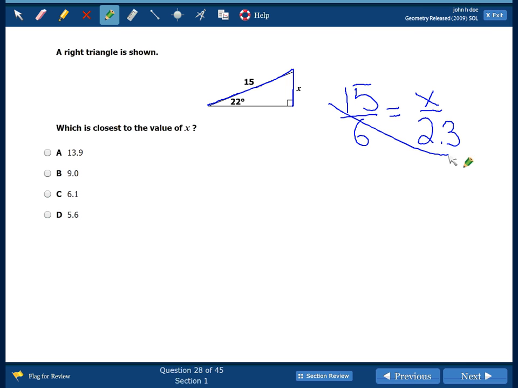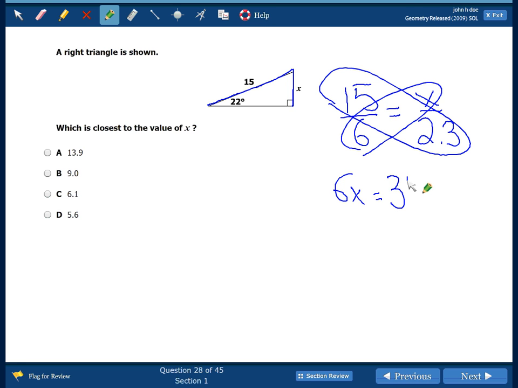And then I just cross multiply. So I'll get 6x is equal to 15 times 2.3, which is 34.5. Divide by 6.